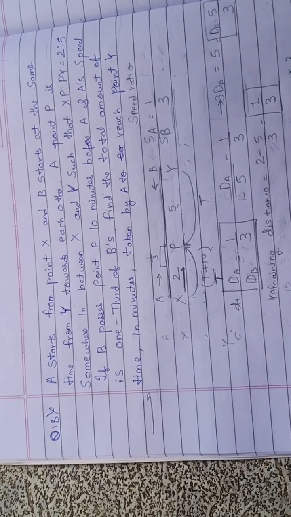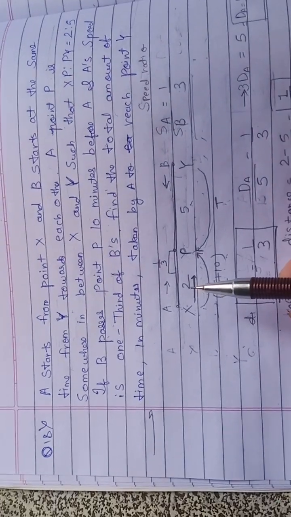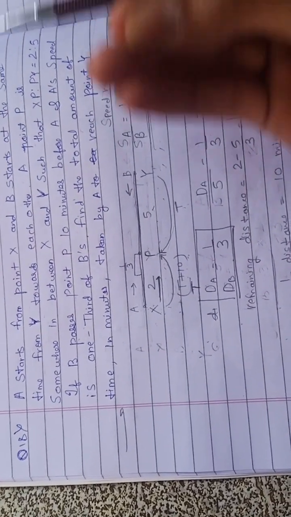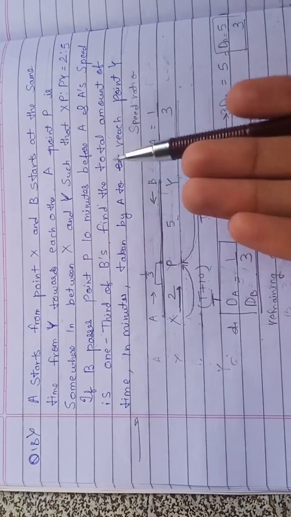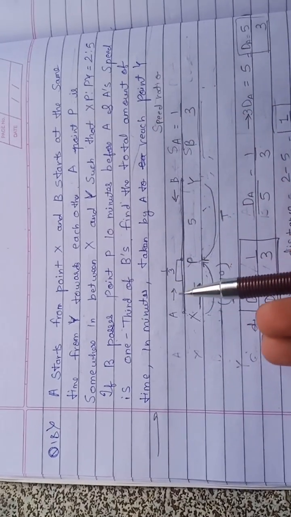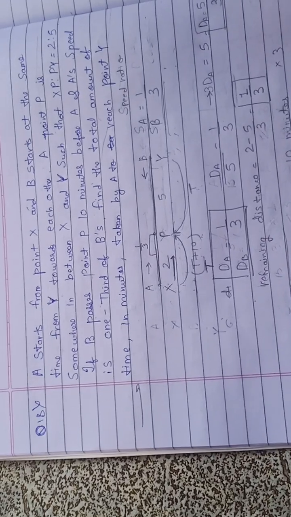Very simple question, and a lot of students just chicken out when they hear these types of questions, but it's very easy peasy. If these types of questions came in the CAT exam, anyone can crack 99.9 percentile, and I am giving you the guarantee of it. So let's see how to solve this question.